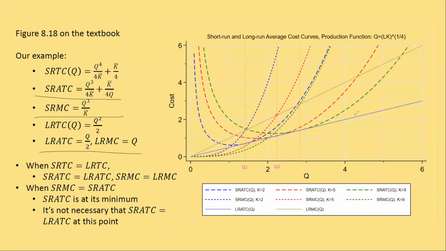And lastly, the third point, it's over here and over here. So at point Q3, the green long dashed line, our short run ATC, intersects our long run ATC, and it is also the point when our short run MC intersects our long run MC.